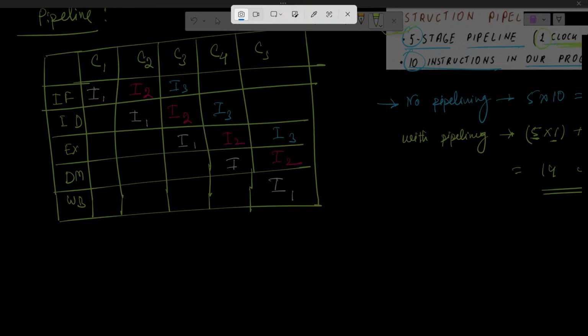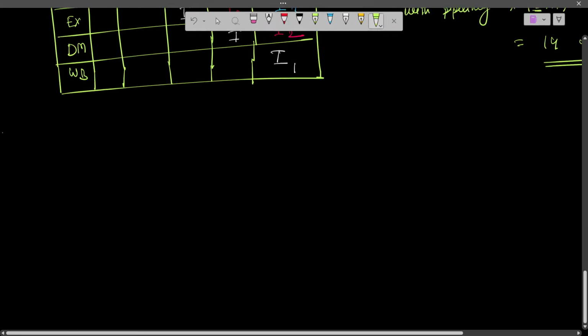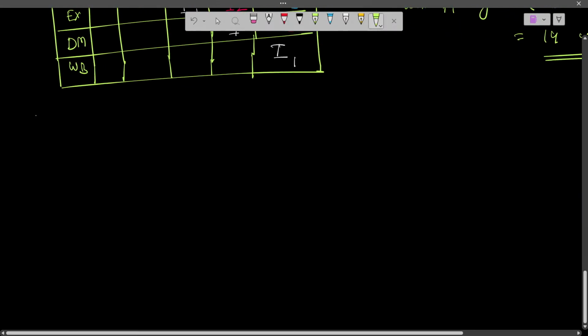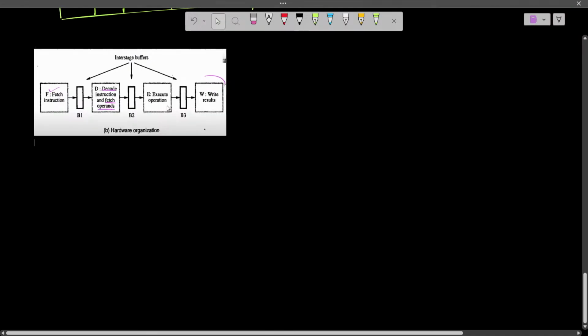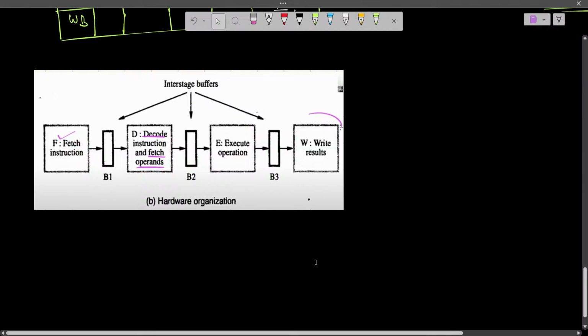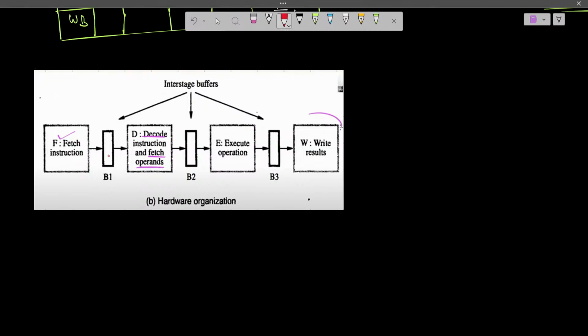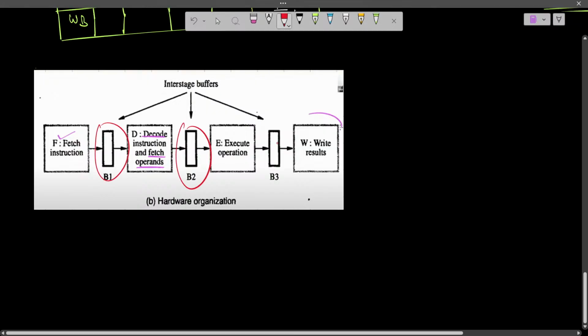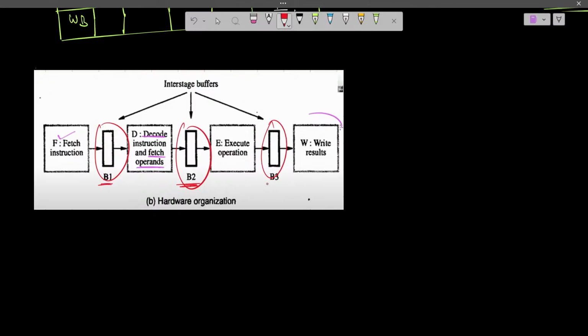So there can also be interstage buffers. Whenever these buffers are there, we will add them in case of pipelining.